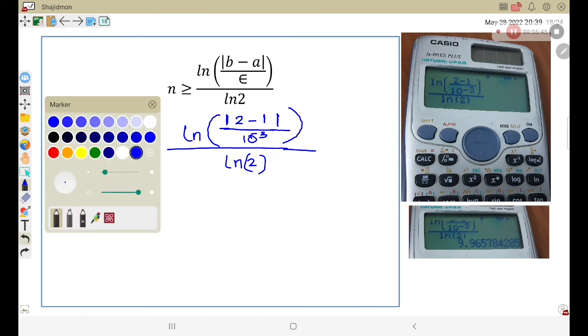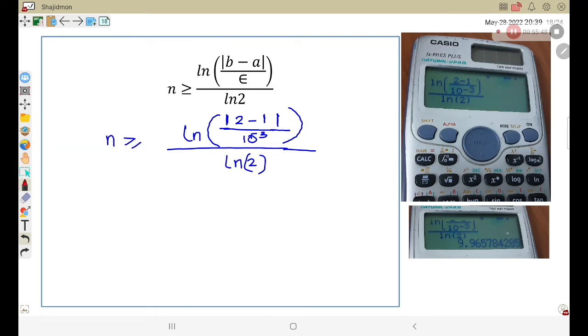So what is the number you are getting? You can see the calculation I shown on this side. Here is the number, 9.97 approximately, with 3-digit rounding first, then you write the correct answer.